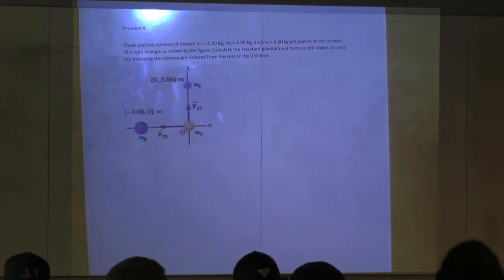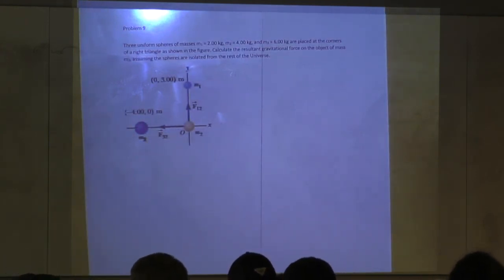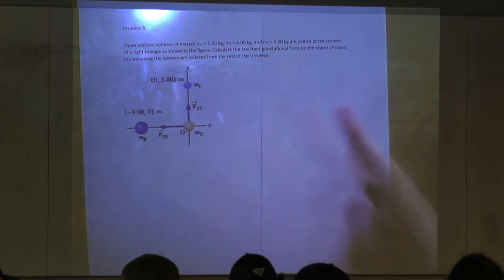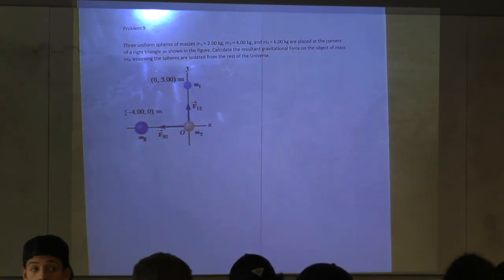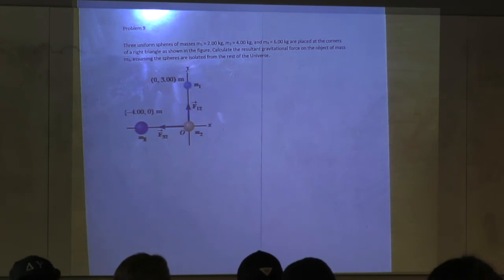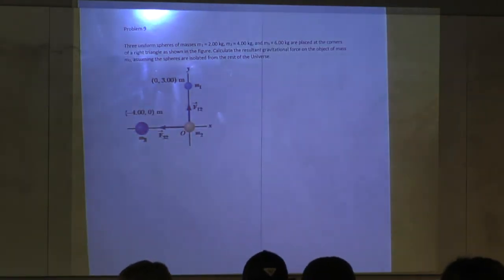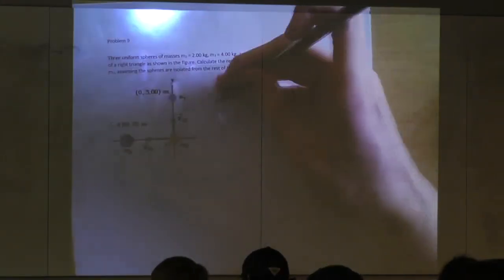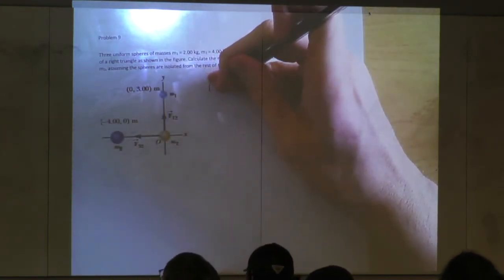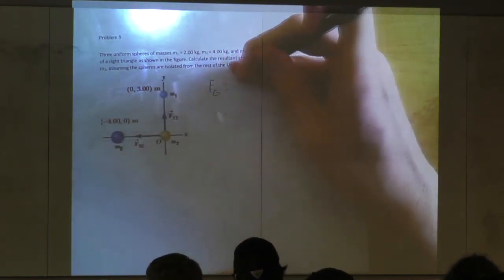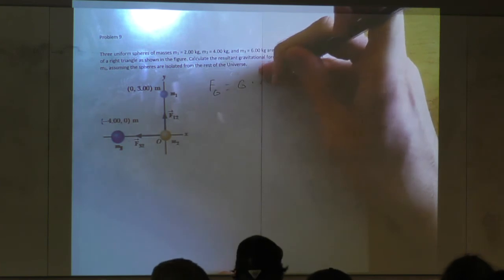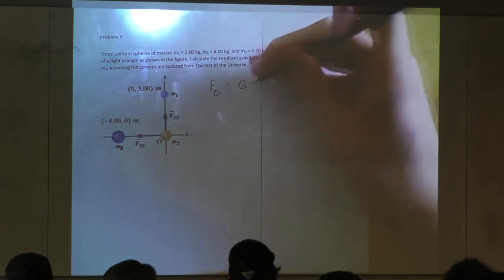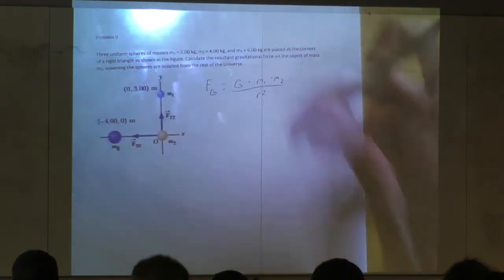This one says we have 3 uniform spheres. It gives us the coordinates of how far apart they are, and it's asking for the sum of the forces on the center one, right here. Before I start, our gravitational force is equal to the gravitational constant G times m1 times m2 over r squared.